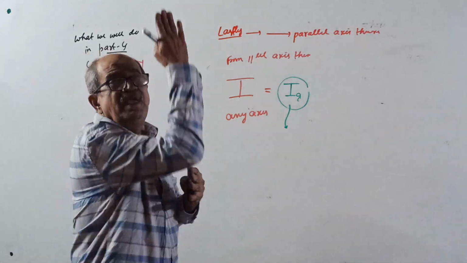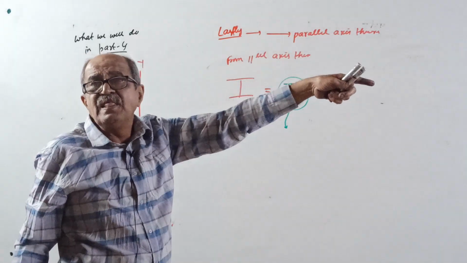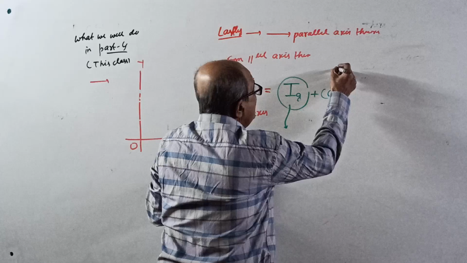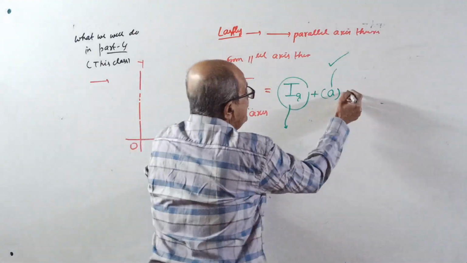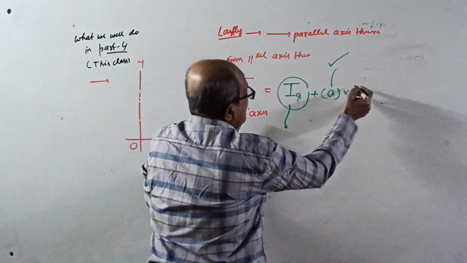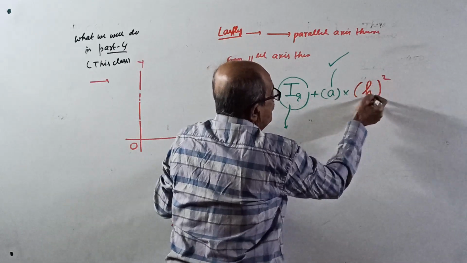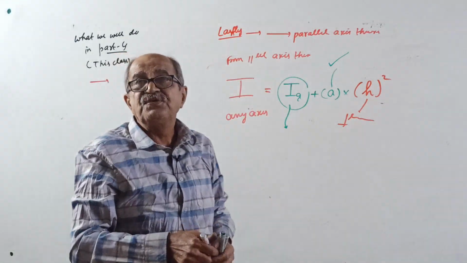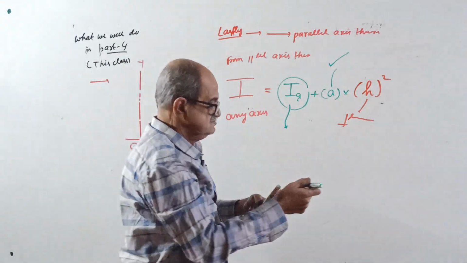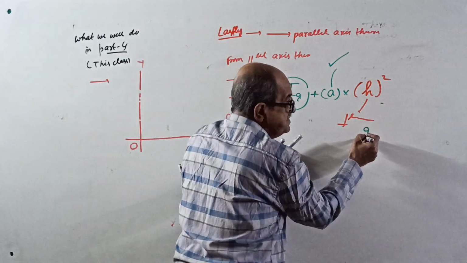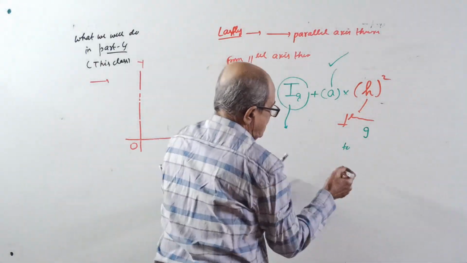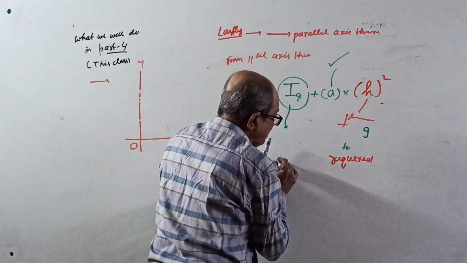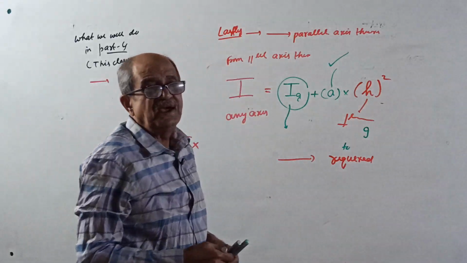Plus A, the area of the component, into h squared, where h is the perpendicular distance from the centroid G of the component to the axis about which the moment of inertia is required.